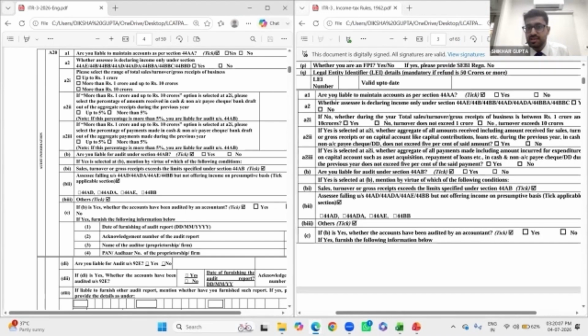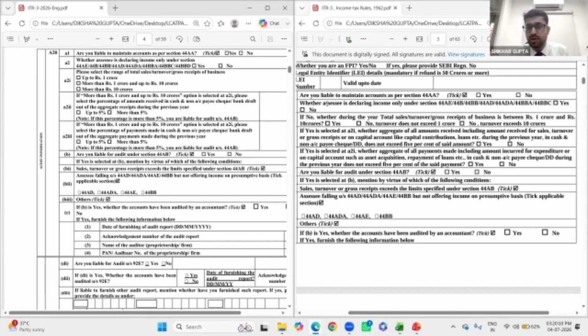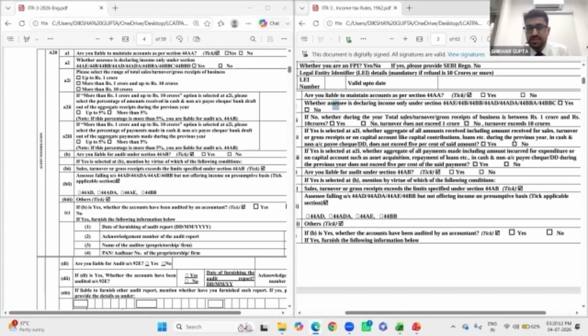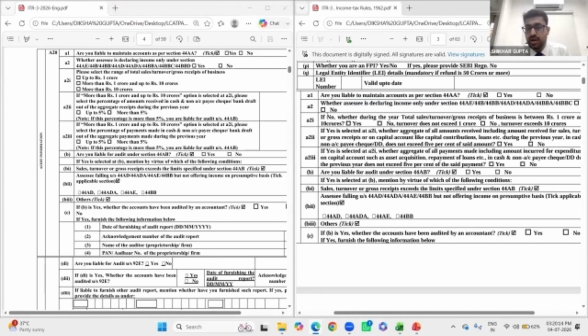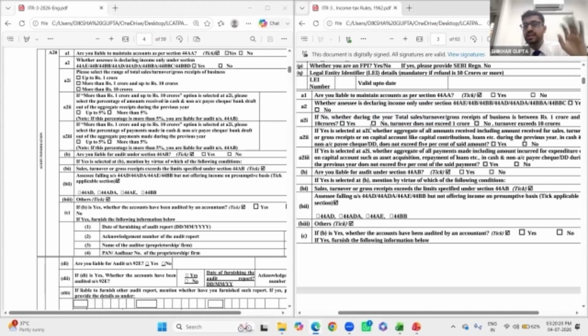Column A1 says, are you liable to maintain accounts as per 44AA? Now, A21: if so, whether during the year the total sales or turnover is between 1 crore and 10 crores. The options are yes, no turnover does not exceed 1 crore, and no turnover exceeds 10 crores. So consider a case of a taxpayer who is just a normal person.